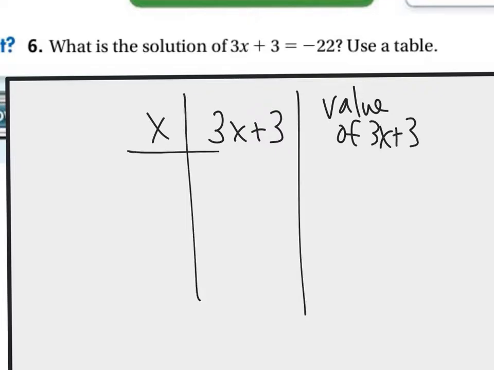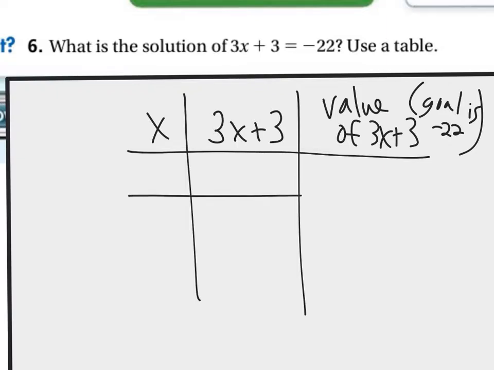So we can make a table here. Remember our goal. Our goal this time is -22. So what you might do just to think about, you've got 3 times a number plus 3, and we want it to be -22. I probably wouldn't guess a positive number. Positive times positive is positive, plus 3 is going to be definitely positive.